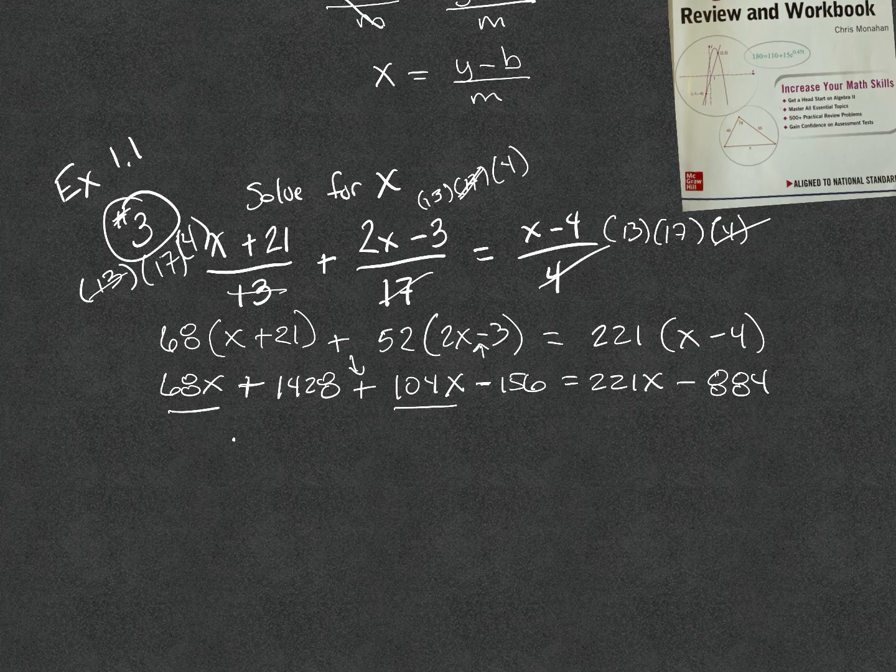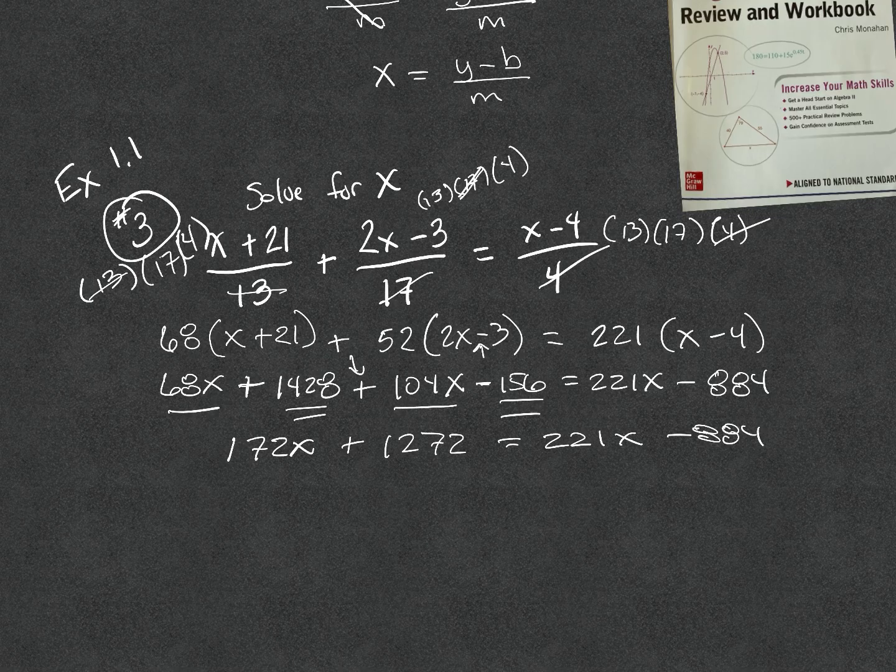And we add this together, we get 172x. We have these two constant terms. And if we subtract 156 from 1428, we get a positive 1272 equals, we'll just write this down here.